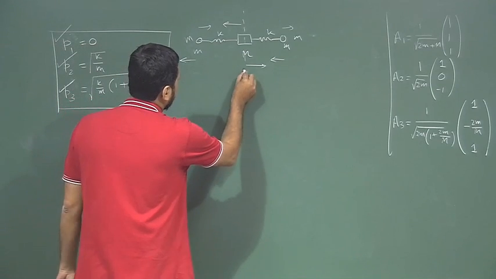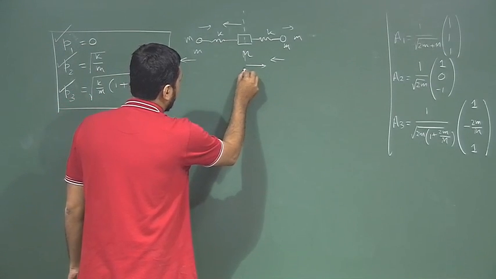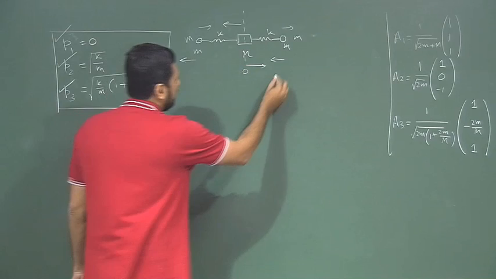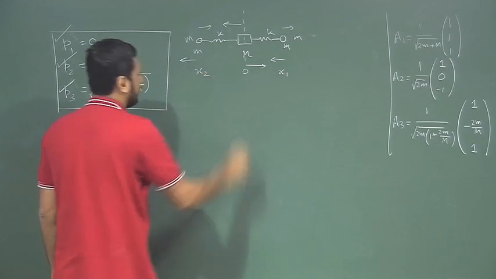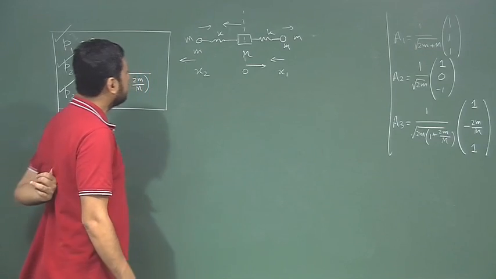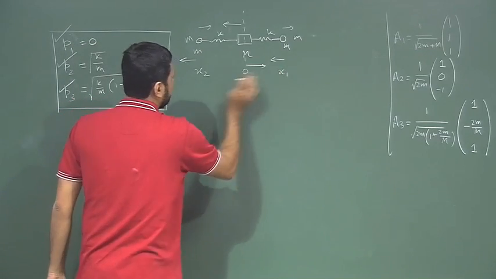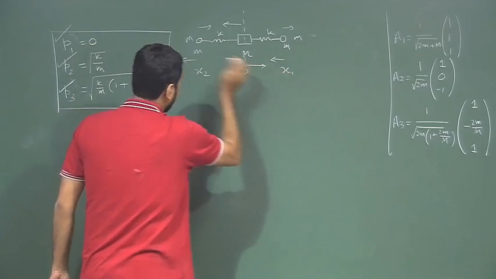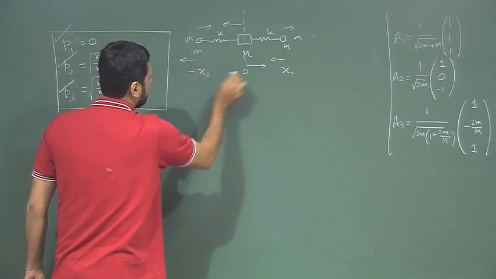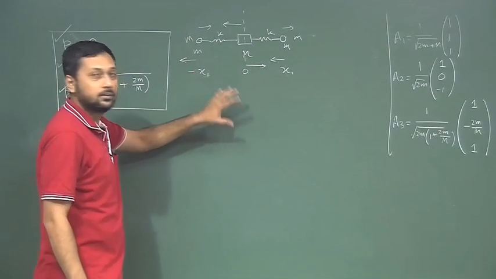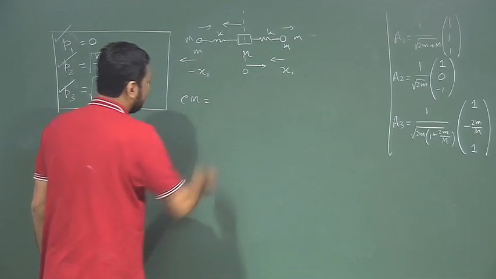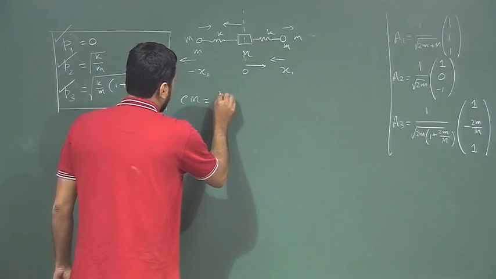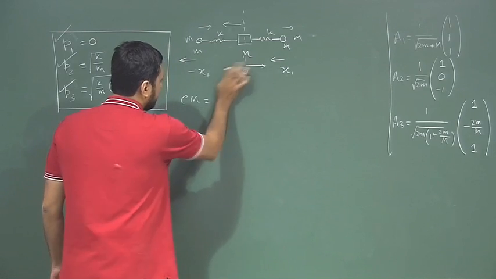Let us say this is my origin, let us call this x1, and this will be minus x1, because this is my origin. I am just taking this for convenience. So, the center of mass at equilibrium position will be, what is the relation for center of mass?